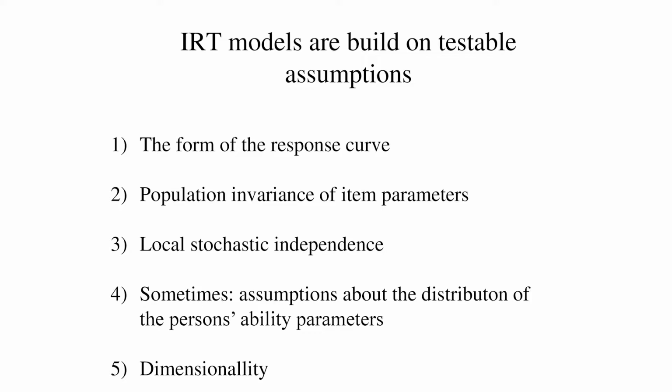And then the fifth one is dimensionality. Usually we use unidimensional IRT models, but in many situations there's also a need for multidimensional IRT, so for multidimensional latent abilities. And that can be within a test, but IRT can also be used to estimate the correlation between two latent variables.